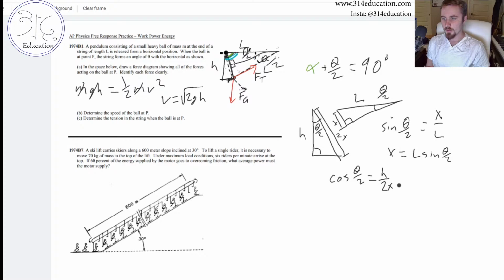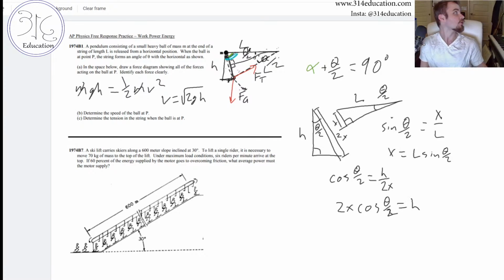Solving for h gives us 2x times the cosine of theta over 2. Oh, this is going to work out quite nicely with a little trig action here. Because our x now is L sine theta over 2, we now have our h as 2L sine of theta over 2 times the cosine of theta over 2.